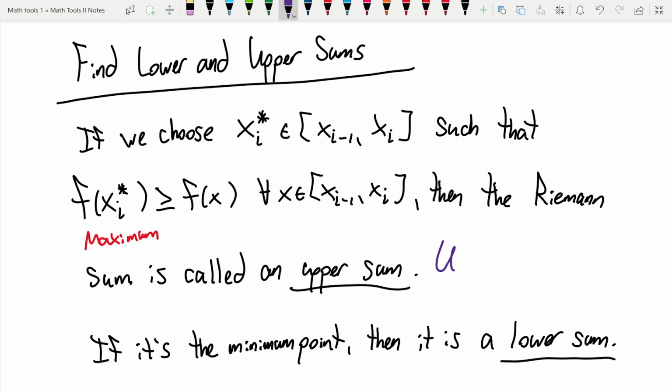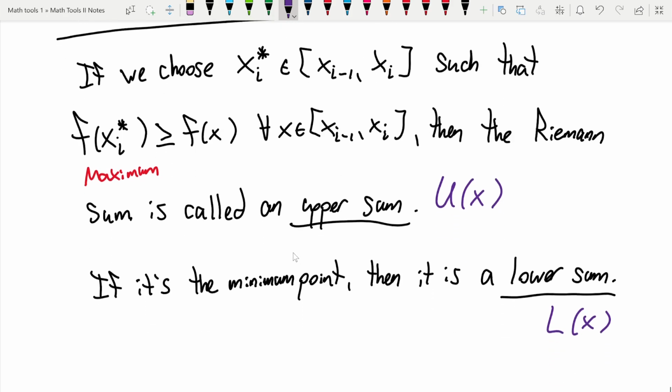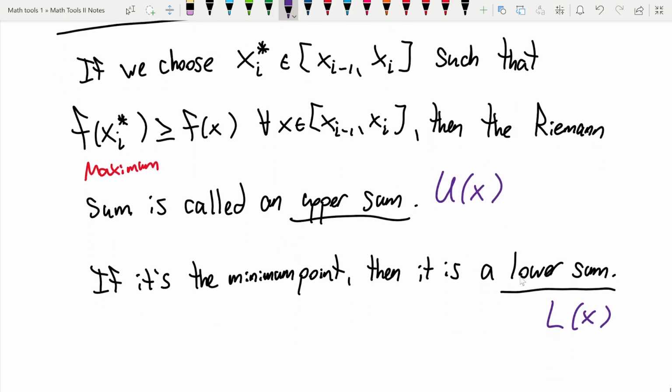So it's common to call the upper sum U of x and the lower sum L of x, the capital L like this. Sometimes the L is used as a cursive L to distinguish it from the left-hand sum. But it usually should be clear based on context which one you're doing.